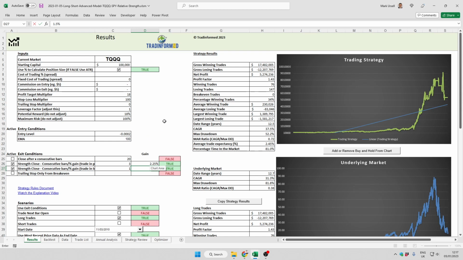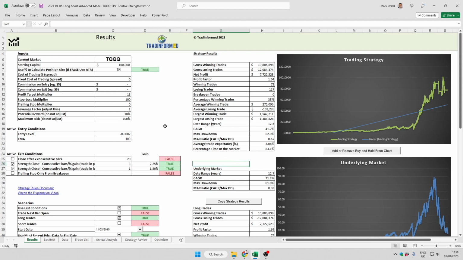That's all I'm doing, increasing it by 3 times. This is not a precise art because the leverage only works over a single day. It's not precise over longer periods of time, but it does give us a useful starting point. Now you can see we've actually got a trading strategy that is very, very similar. Slightly fewer percentage of winning trades, but I imagine with a bit of tweaking we could get it very similar.